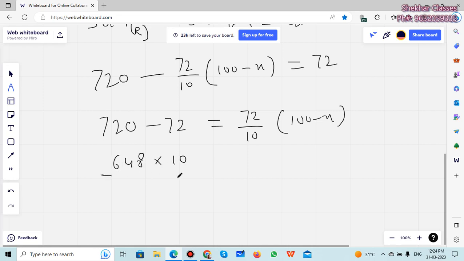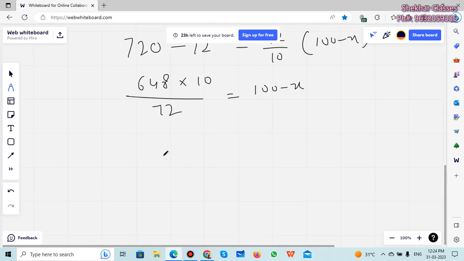Into 10 and upon 72 is equal to 100 minus x, right? Divided by 72 and into 10, that comes as 90. So 90 is equal to 100 minus x.